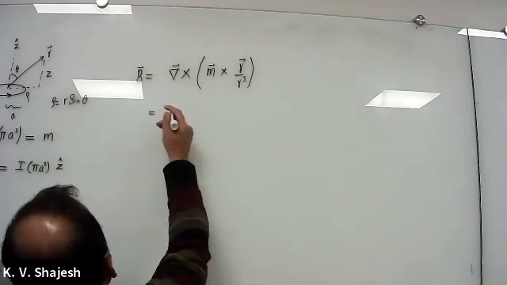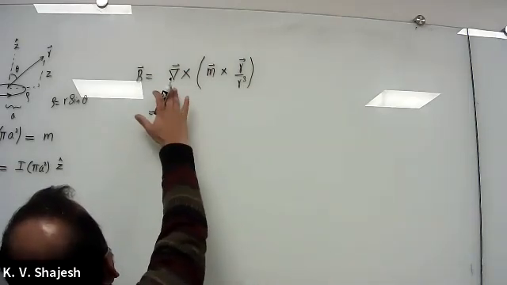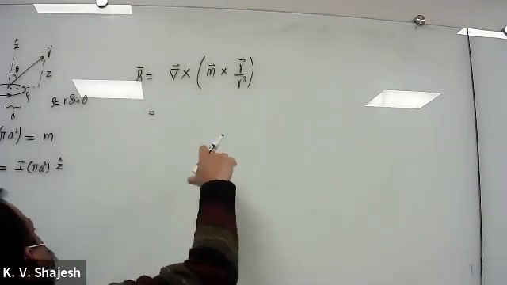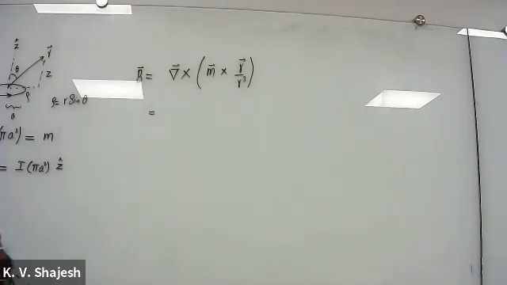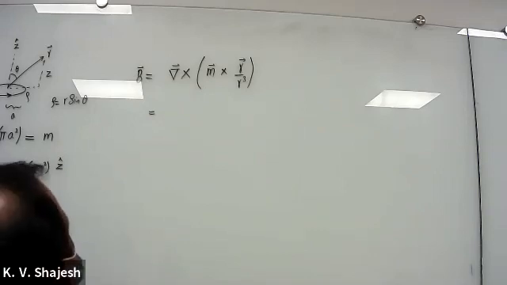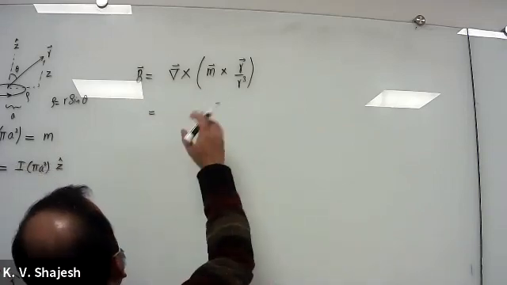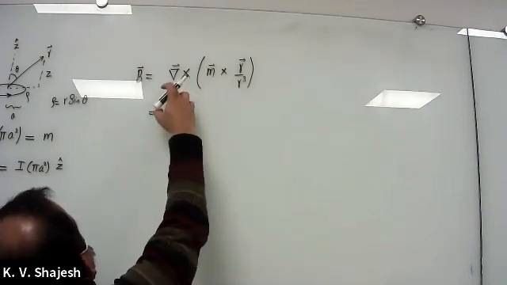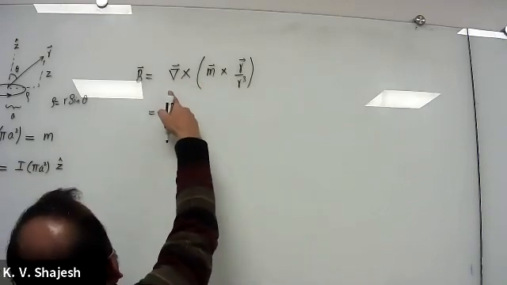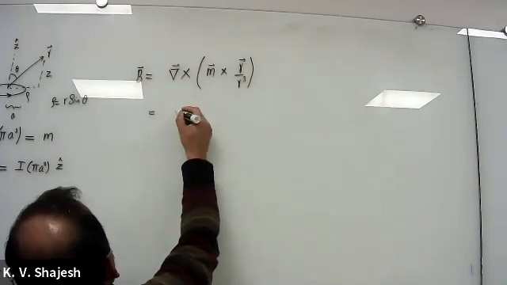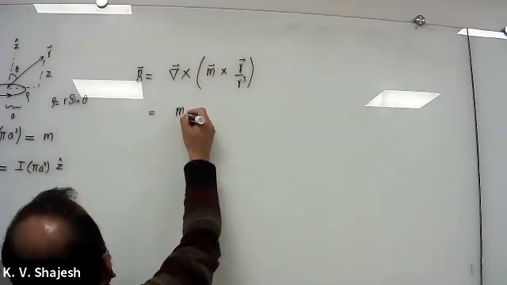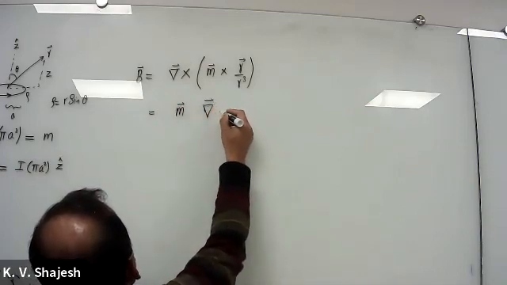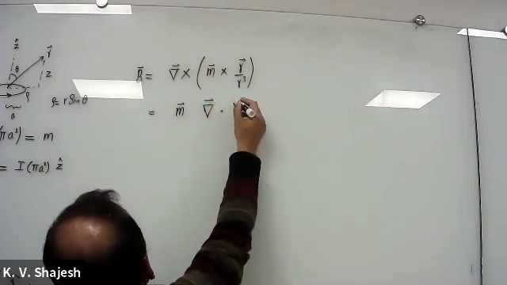Use the back-cab rule, but this time back-cab should be used with the idea that this is a gradient operator. As a gradient operator distributes into 2, the back-cab rule, the vector operation also distributes into 2. So in principle, there are 4 terms, but M is a constant as far as the gradient goes, so that doesn't get operated. So this comes out to be equal to M times the gradient, divergence of R over R cubed.